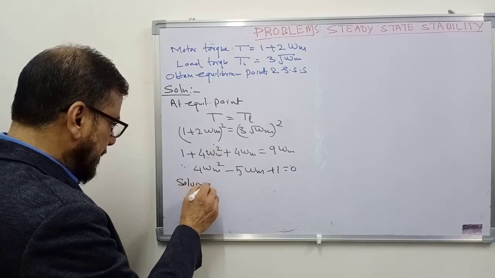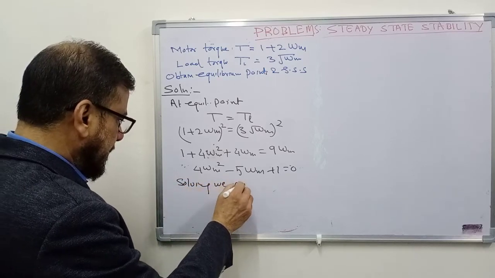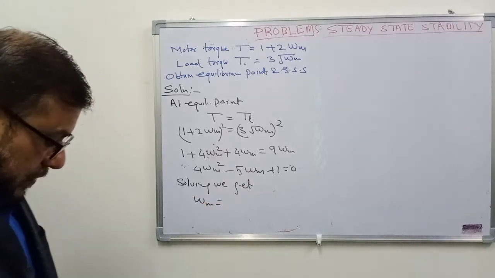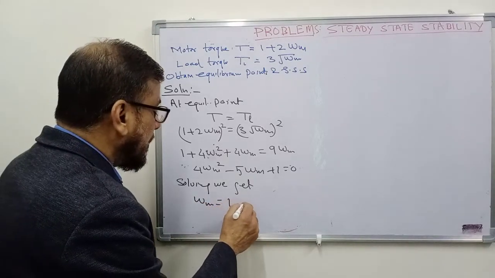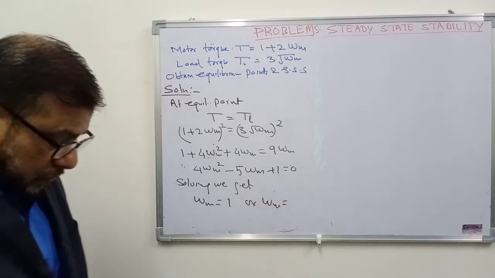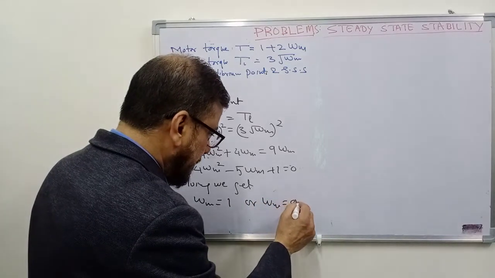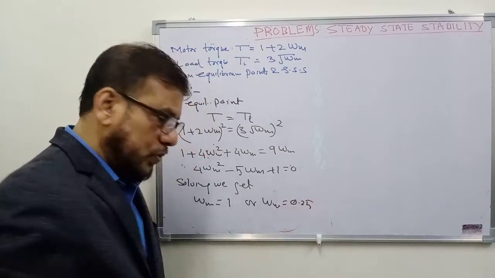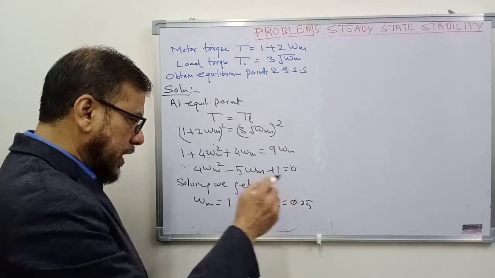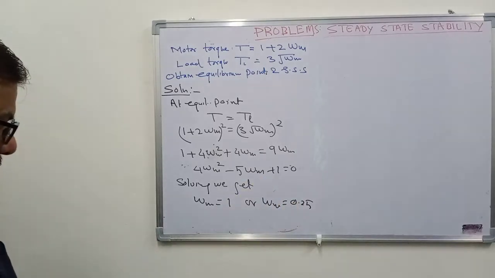Solving, we get omega m is equal to 1 or omega m is equal to 0.25. So there are two solutions of this quadratic equation, omega m equal to 1 and omega m equal to 0.25.